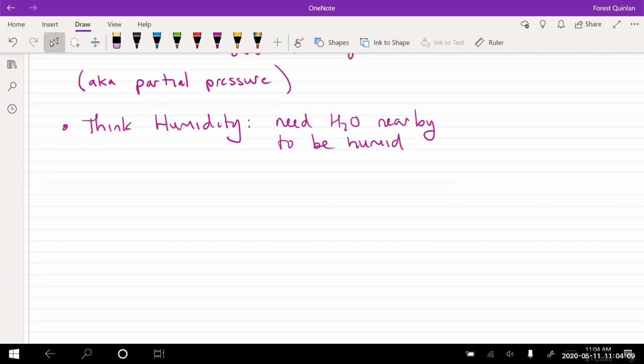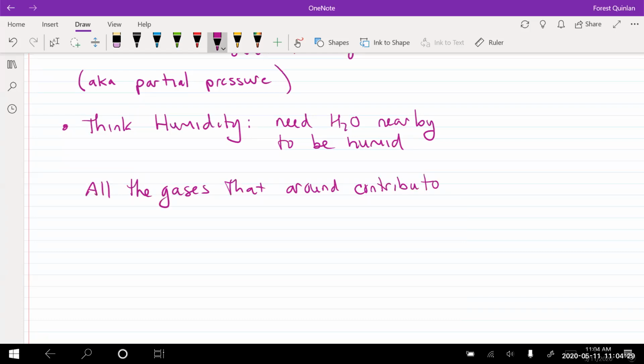Now, what this really means though, is that all the gases that are around contribute to the overall pressure.